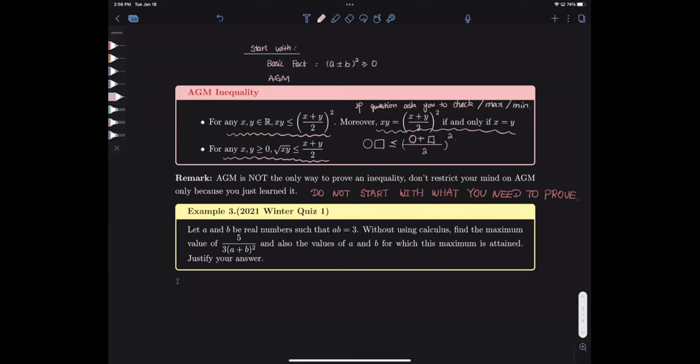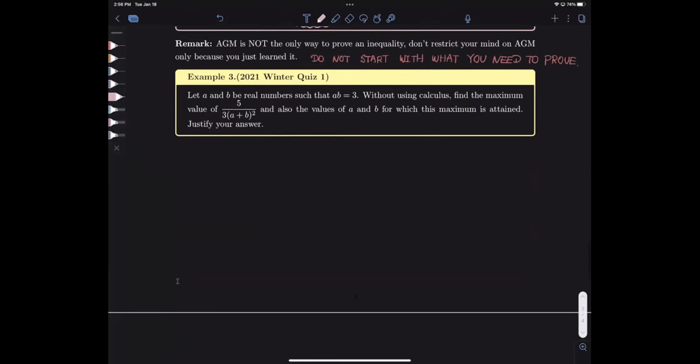If the question asks for a maximum or minimum value and you use the AM-GM, you should check when equality holds. We will talk about that in example 3.